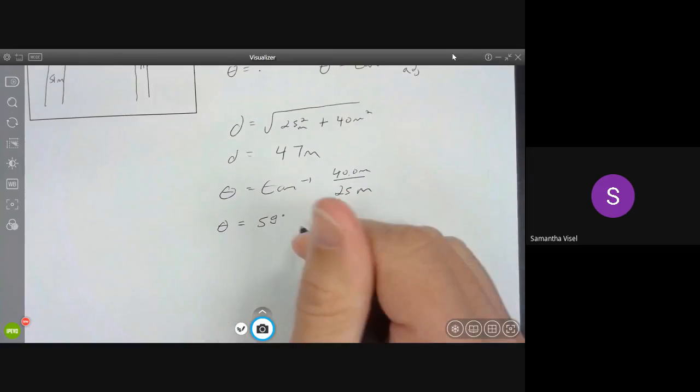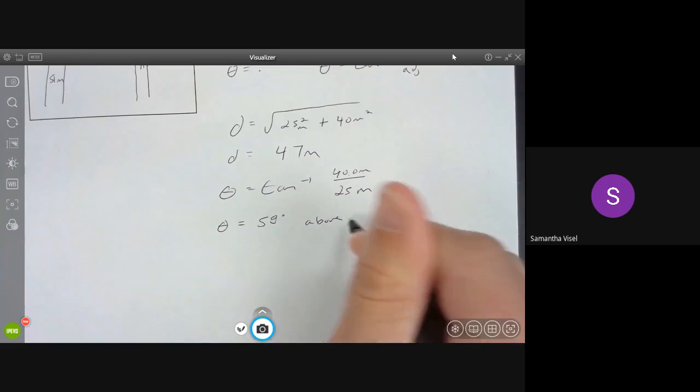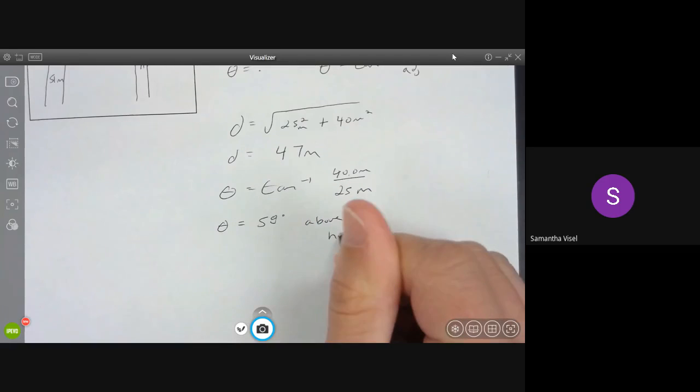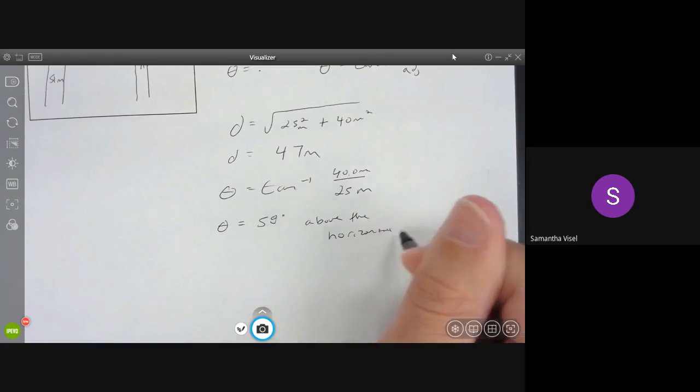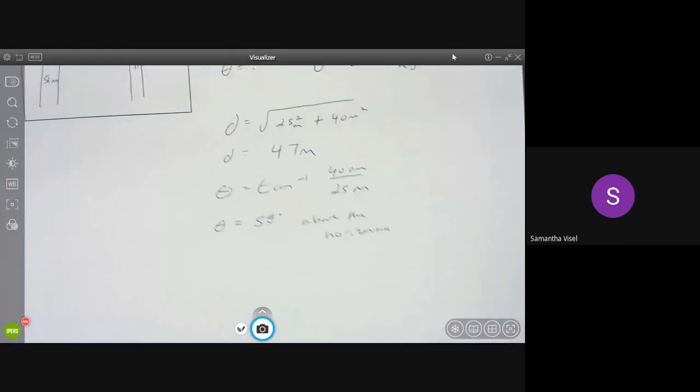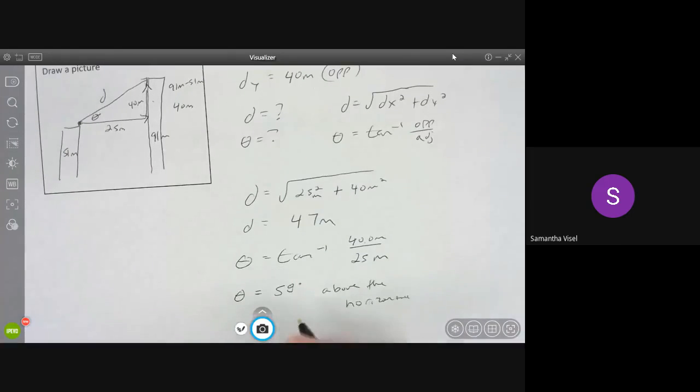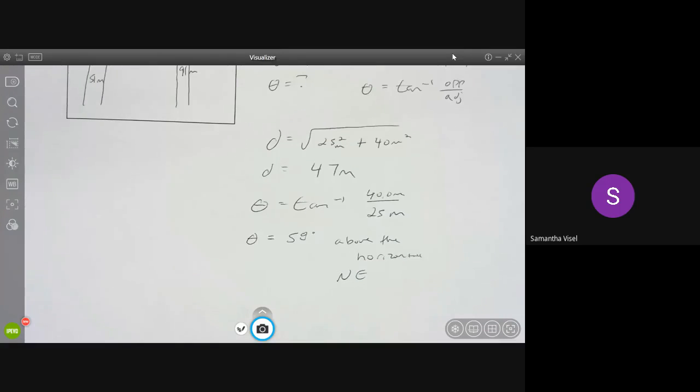We could say 58 degrees above the horizontal. So this is a horizontal direction. You could also say 58 degrees in the northeastward direction. That would be fine too. North of east would be okay.